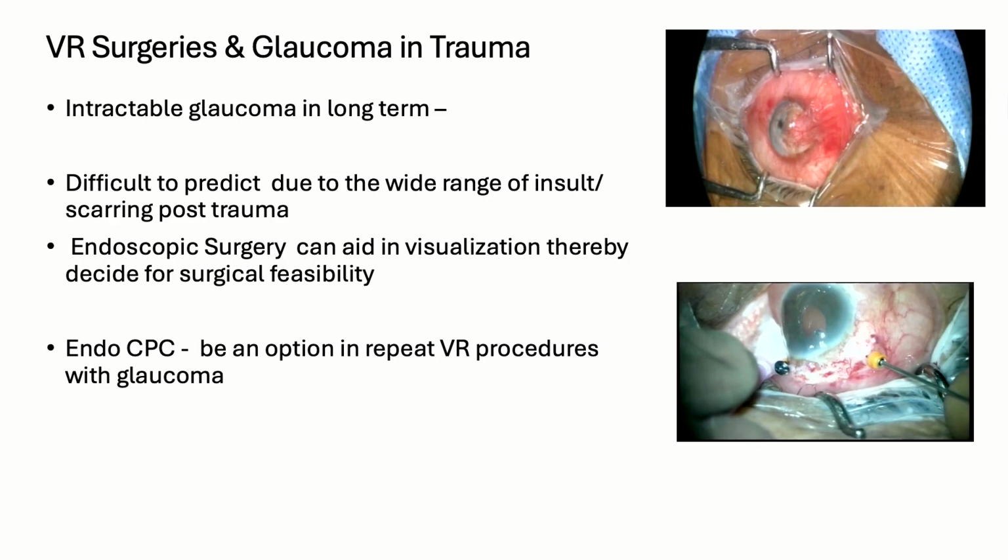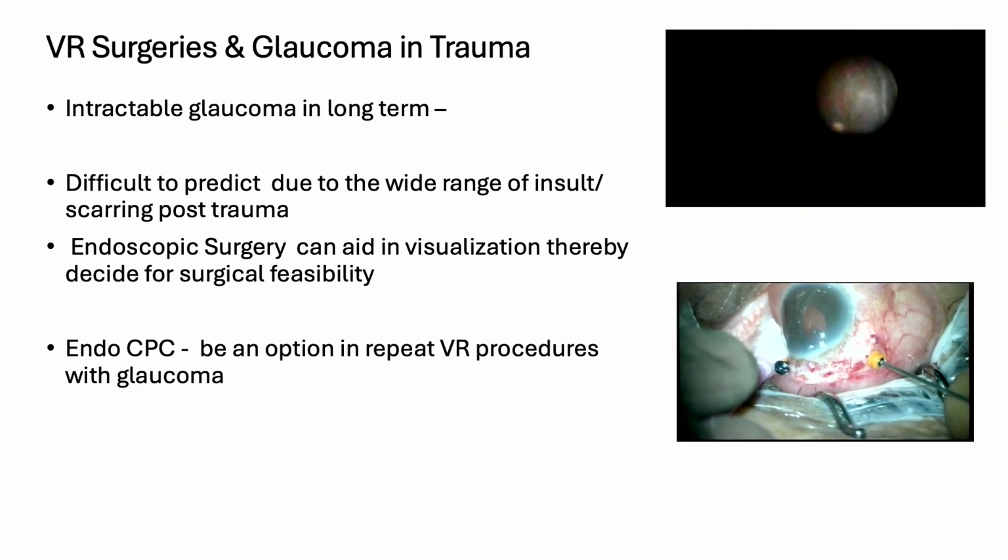So you sometimes take the help of endoscopy, where we just make an attempt to see the disc, and if the disc is pale like this or having a glaucomatous optic atrophy, you don't need to go with a further intervention. So this is how endoscopy can help you in tackling this intractable glaucoma.